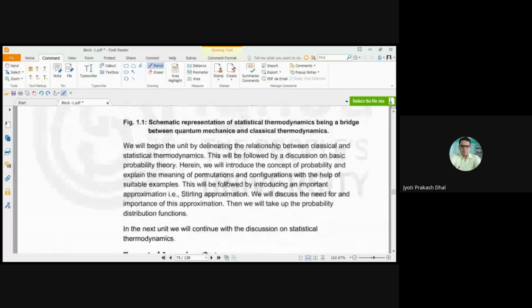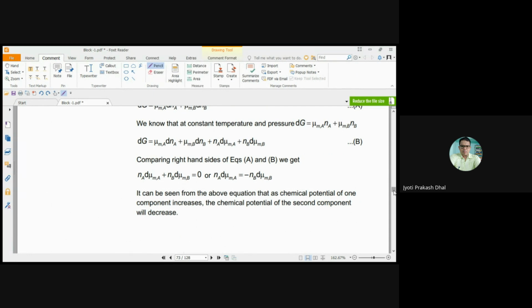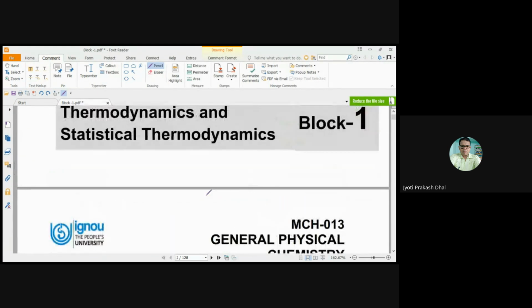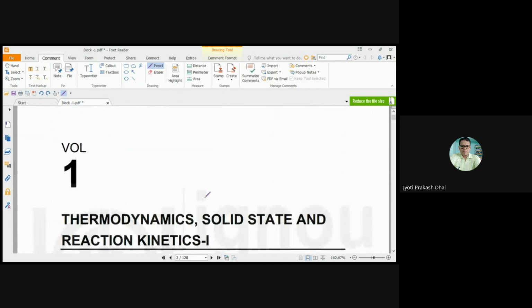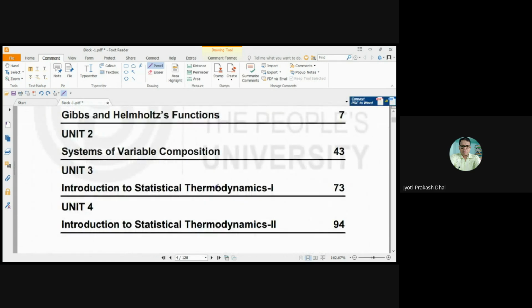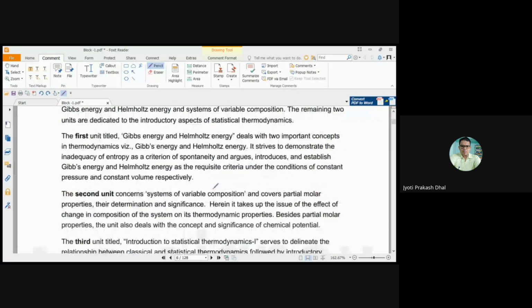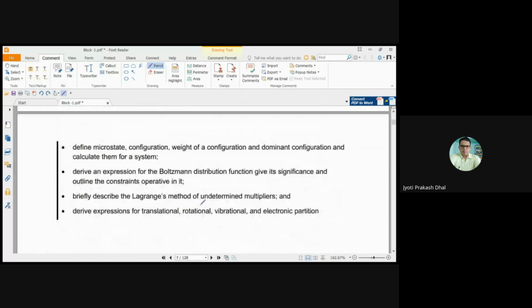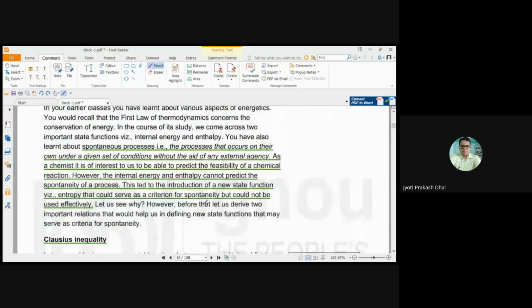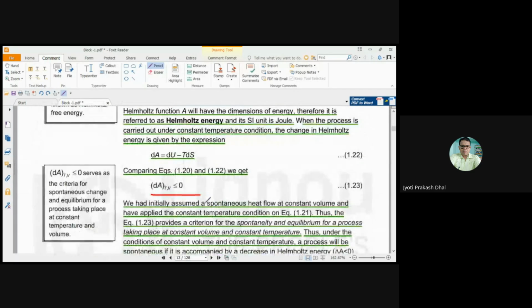So in general thermodynamics, here you can see what the expected questions are. I will tell the expected long questions in the general thermodynamic part, starting from the beginning.